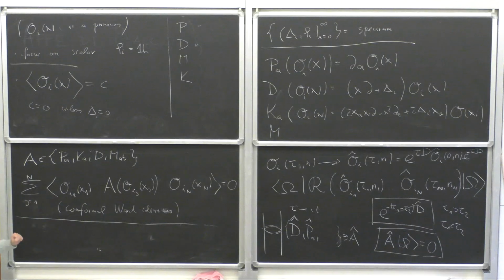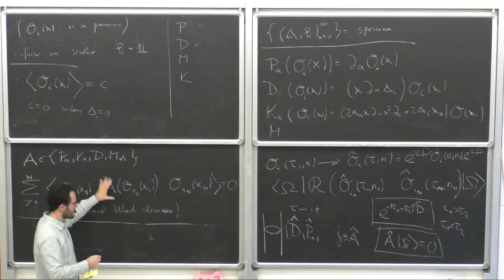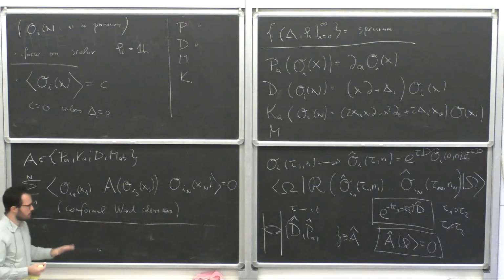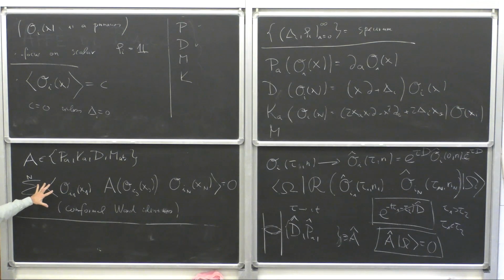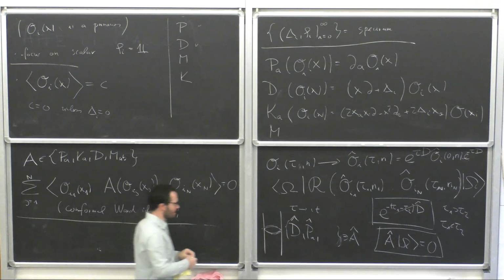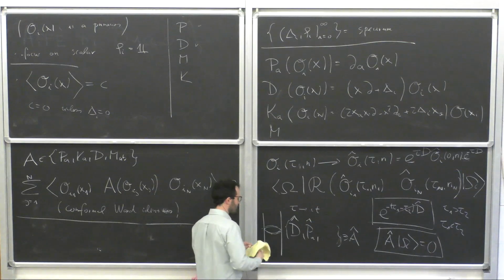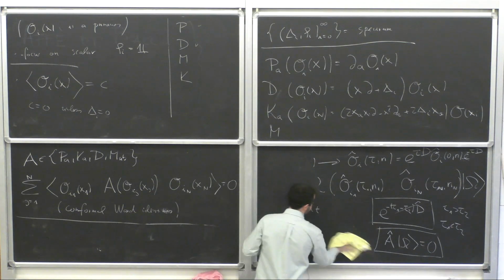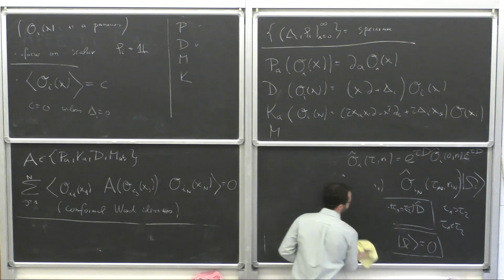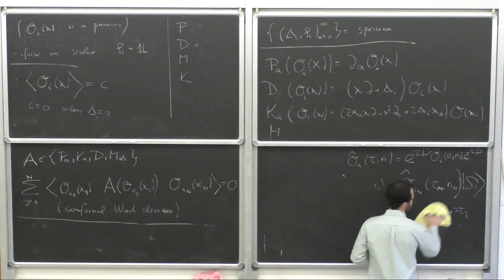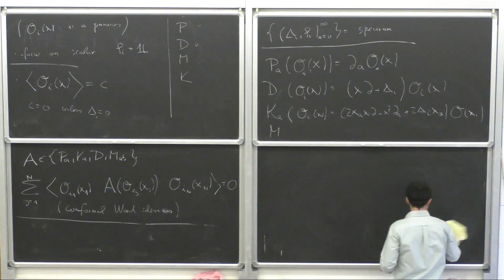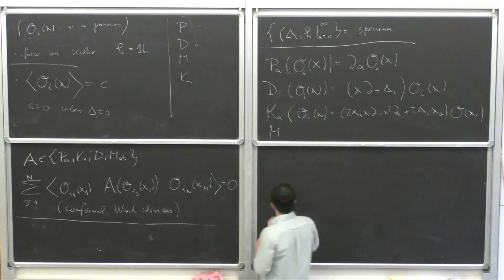That never happens here because the current is integrated over a surface that never touches the operator. So this is correct. We can discuss more. Of course, contact terms are important to understand Ward identities. Okay. So now 2-point functions.